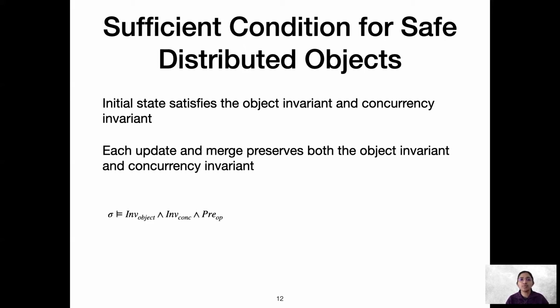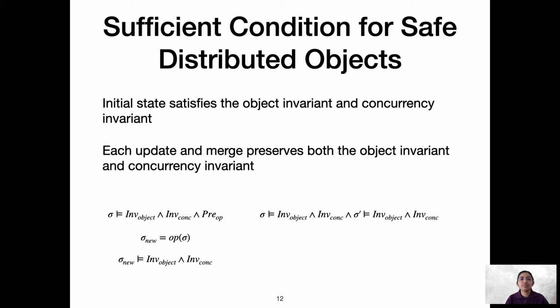Assume we are executing an operation. We start from a state that respects the object invariant, the concurrency invariant, and the precondition of the operation. We obtain a new state, sigma nu, after applying the operation. We require sigma nu to uphold both the object invariant and the concurrency invariant.